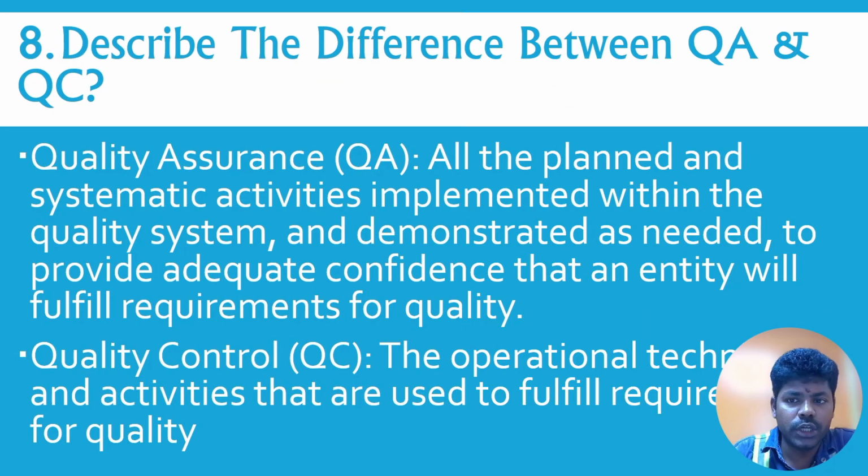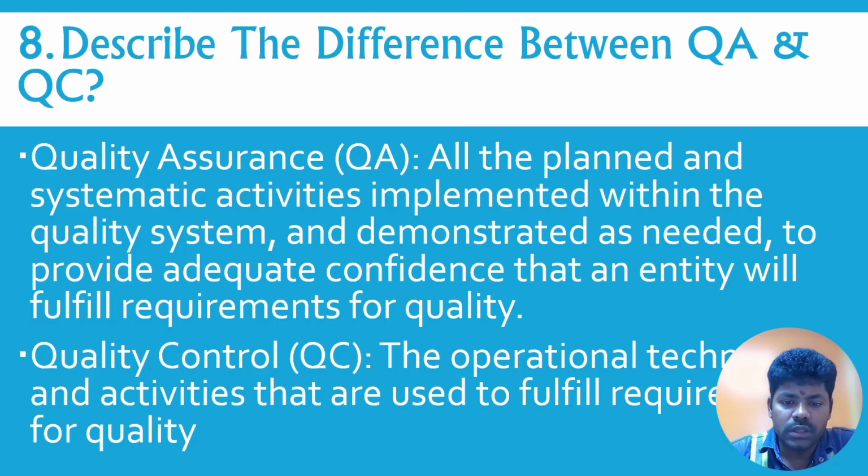Describe the difference between QA and QC, quality assurance and quality control. Quality assurance is all planned and systematic activities implemented within the quality system and demonstrated as needed to provide adequate confidence that an entity will fulfill requirements for quality.